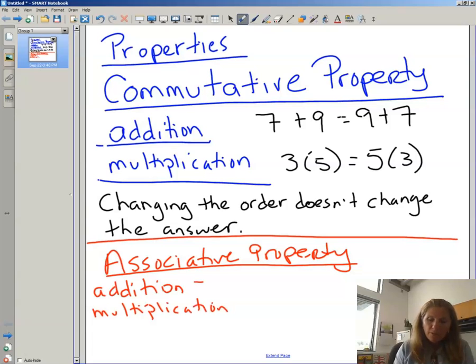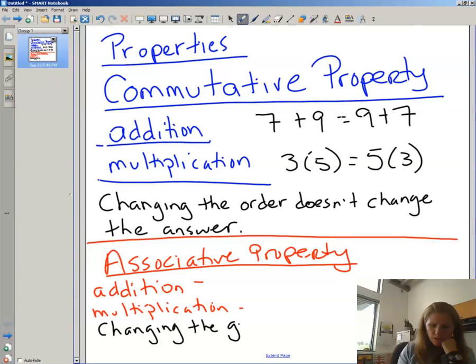It's not about the order, it's about the grouping. I'm going to write that and then we'll come back to that. Changing the grouping doesn't change the answer.